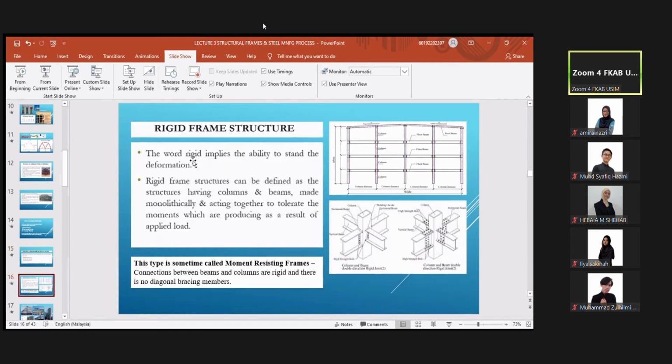Okay, the word rigid implies the ability to stand in formation. With all the jointing, you have vertical columns and horizontal beams, which can be universal beams like the I-beam you saw just now, without any bracing. Bracing means diagonal members across; we talk about bracing afterward. This is column and beam, just like you saw in the first slide.